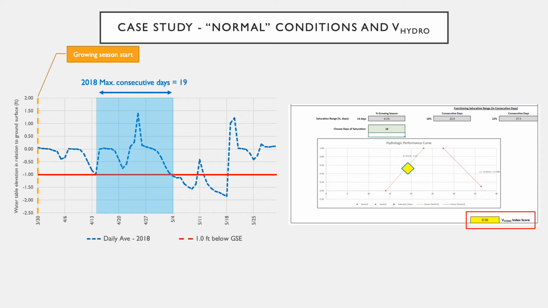In 2018, that occurred from mid-April to early May, and we observed 19 consecutive days of saturation at this particular location. That equated to a V-hydro index score of 0.56, which puts us on the rising limb of that performance curve.